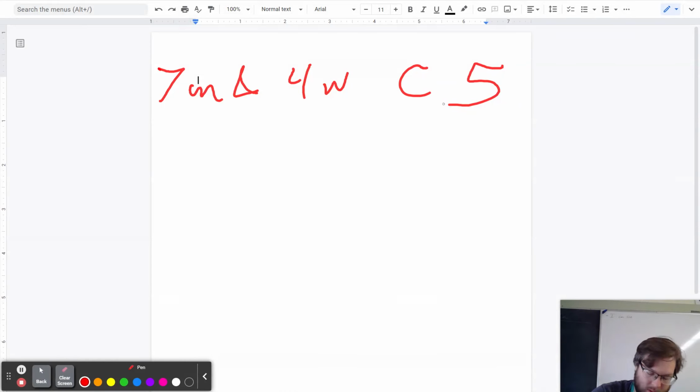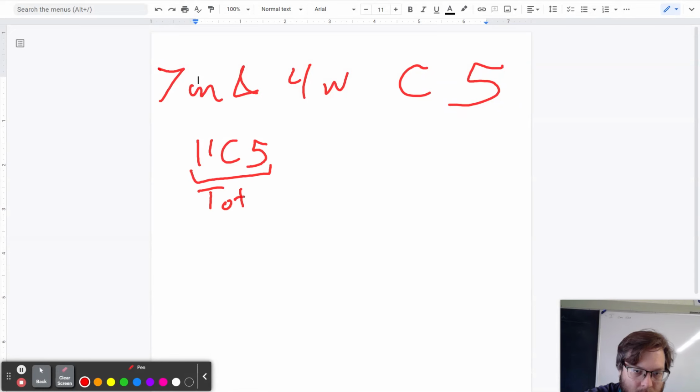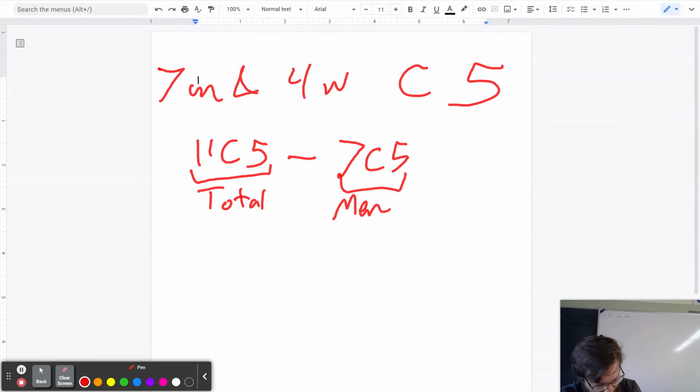Okay, so we can do 11 choose 5 is all of the teams, so that's the total, minus the way of getting all men would be 7 choose 5, so that's all men. And then we need to make sure there are more women than men on the committee.